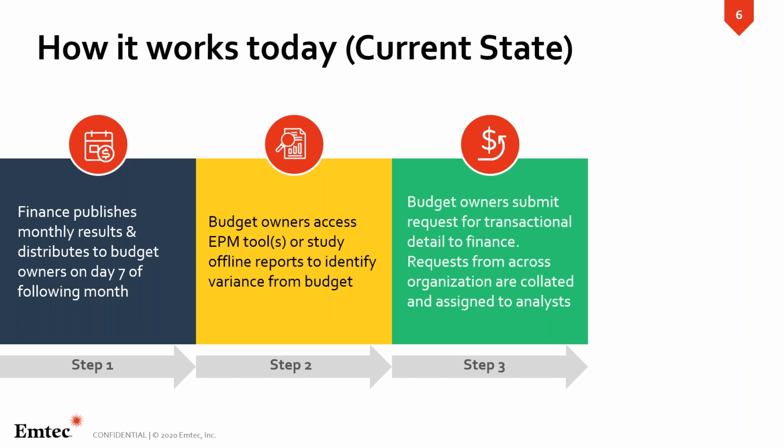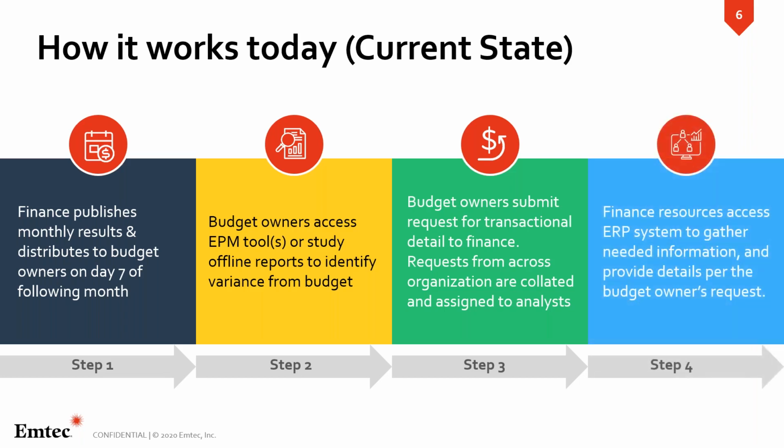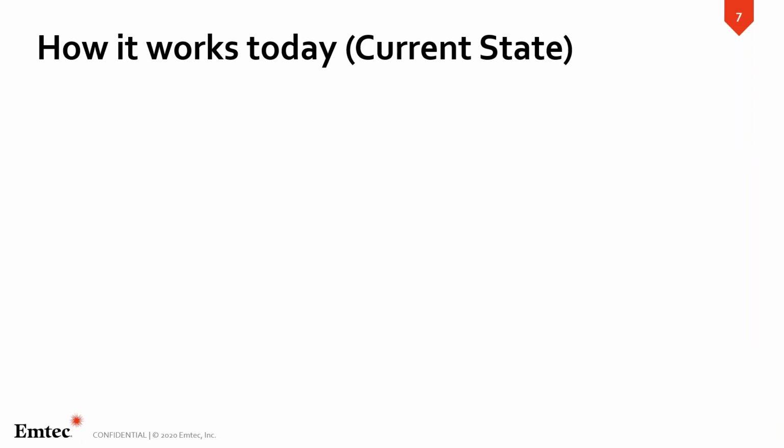And they're then assigning and collating those questions together and assigning them to their own finance team to respond to. Once that activity is done, finance resources can then go into the ERP system and pull out the relevant transactional detail to provide back to the budget owners.